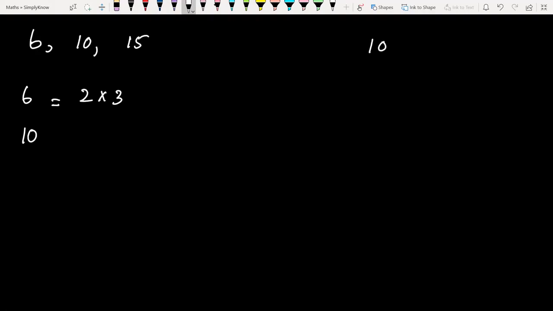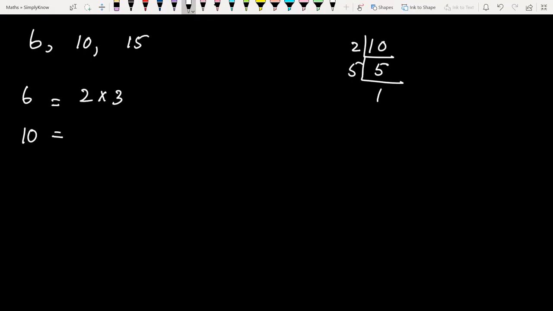10 is divisible by 2. We get 5. 5 is not divisible by 2, even not by 3. Then we'll try with 5. Yes, 5 is divisible by 5. And we get 1.